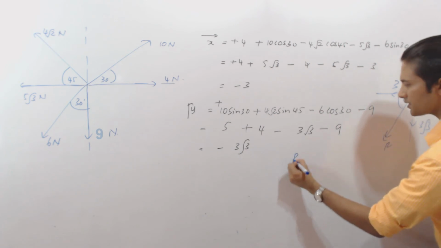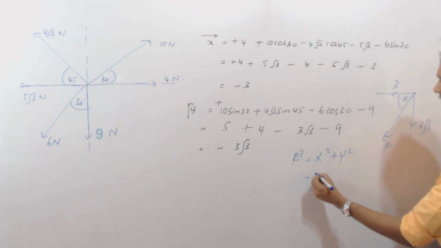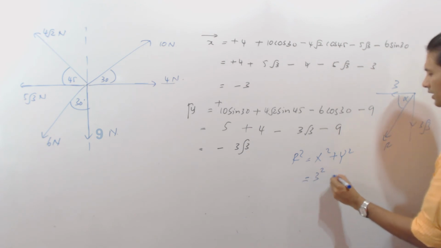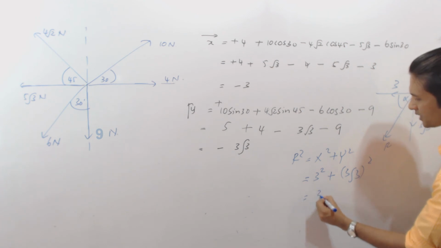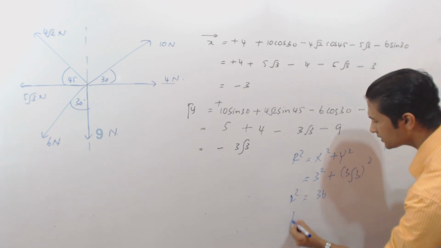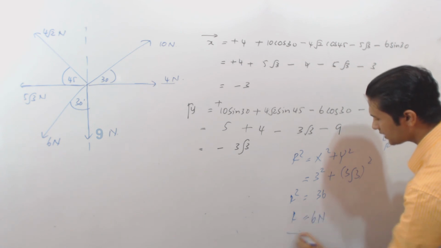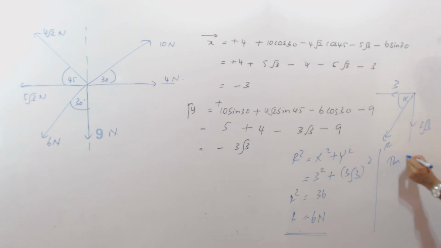So in order to find the resultant, r square equals x square plus y square. X is 3 square and y is 3 root 3 square. This becomes 36 and the root of 36 is 6. So the resultant is 6. And when finding tan alpha, that is y divided by x, y is 3 root 3, x is 3, so alpha is 60. That's all.